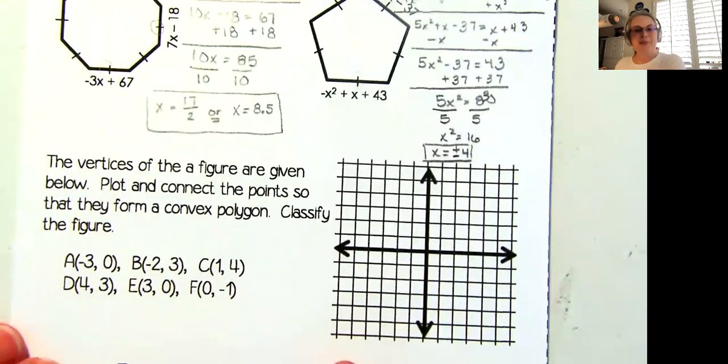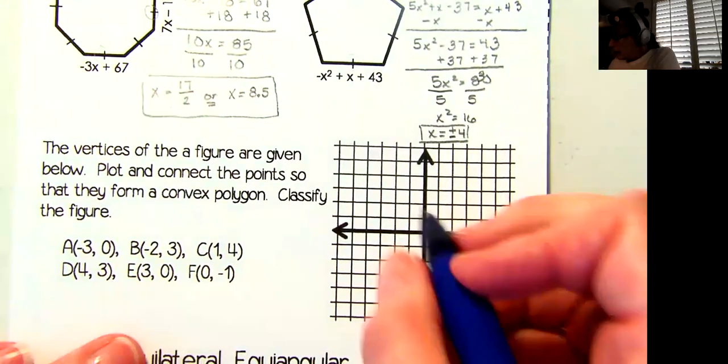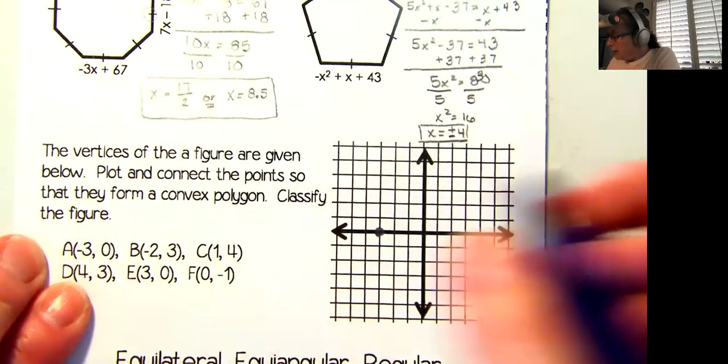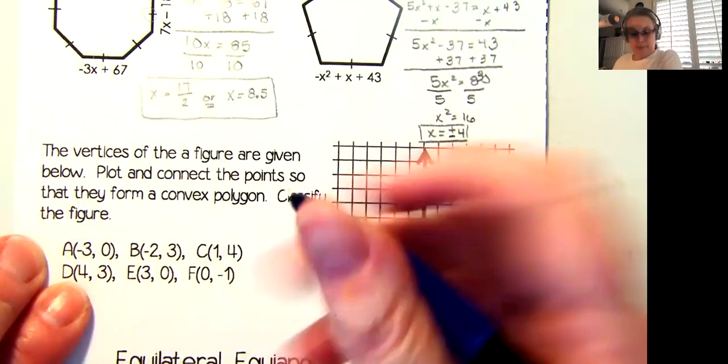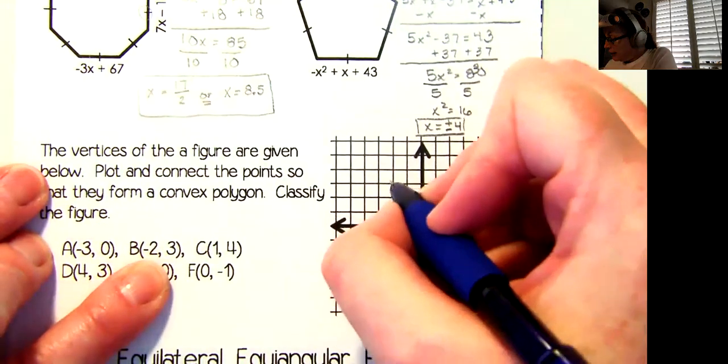Now the very last one. The vertices of a figure are given below, A, B, C, D, E, F. We're going to plot and connect the points so that you form a convex polygon, and we're going to classify that figure. So I'm just going to plot 3, 0. This is going to be my A. Then I have negative 2, positive 3.